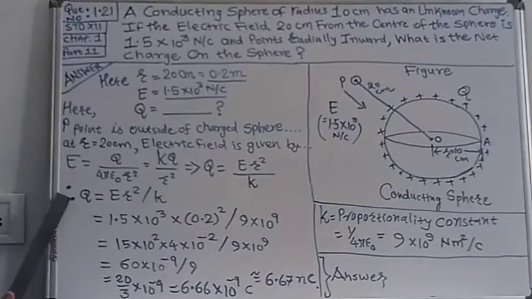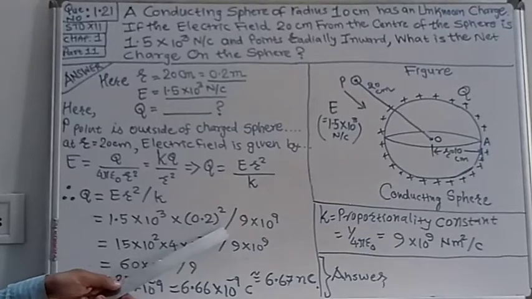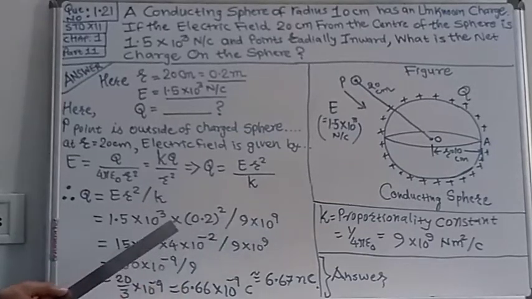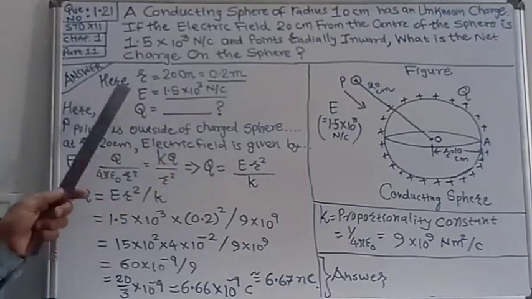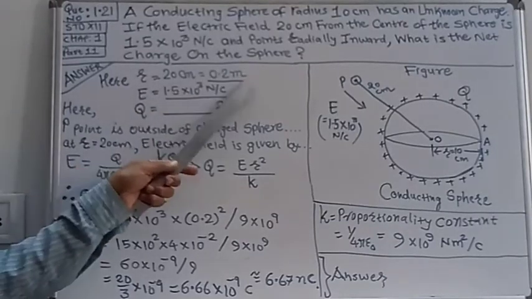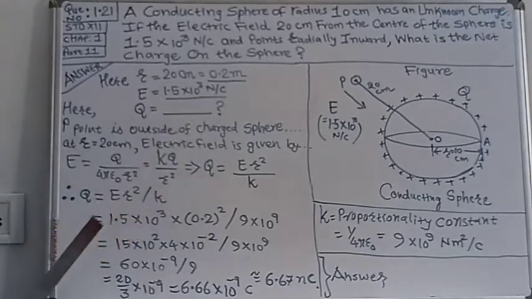So Q is equal to E r square upon small k. That means Q is equal to 1.5 into 10 raised to 3 into 0.2 meter square upon 9 into 10 raised to 9. 20 centimeter is equal to 0.2 meter. We have to convert centimeter into meter because the electric field value is given in MKS.